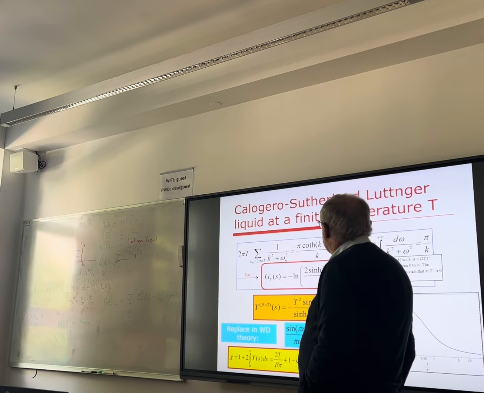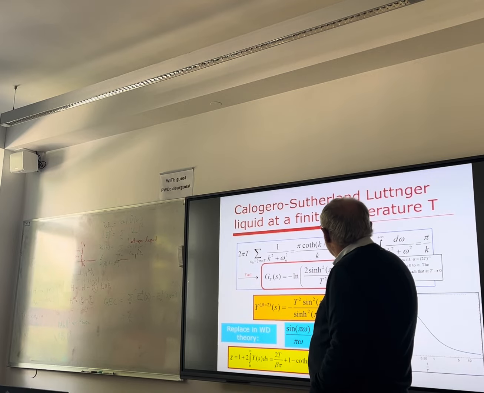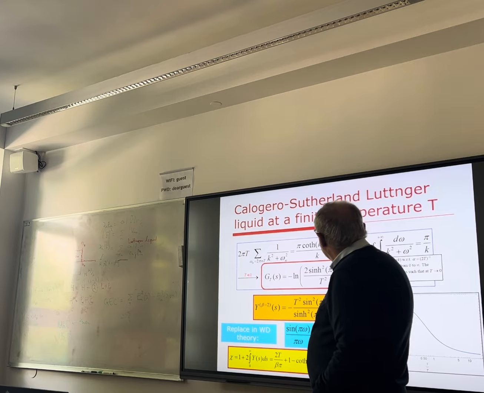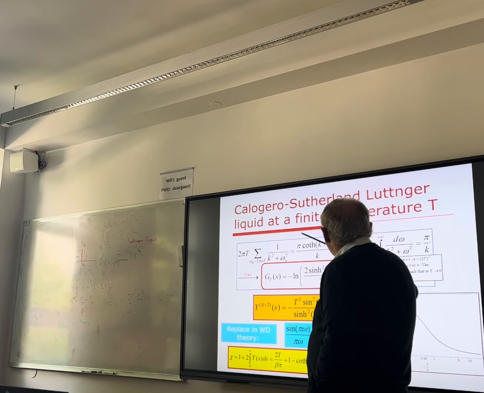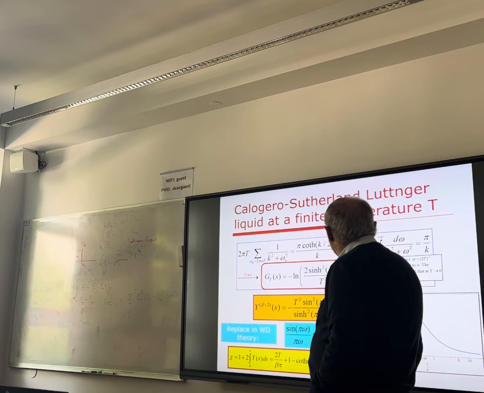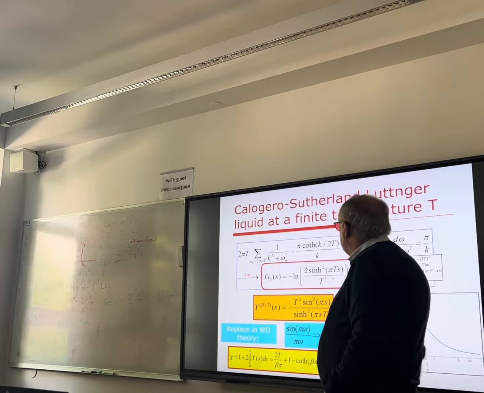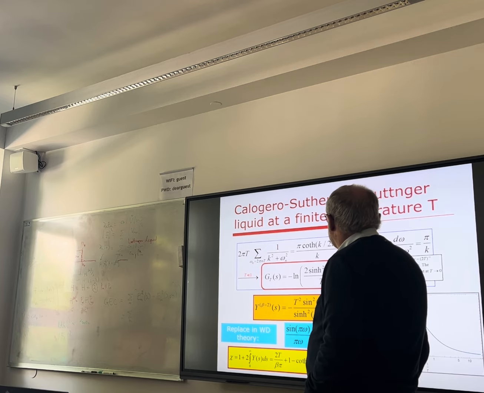then one has to do the integral over k of this result of the summation times 1 minus cosine of k. 1 minus cosine of k because I had to subtract the divergence, and because of this there is not just cosine of ks, but 1 minus cosine of ks.